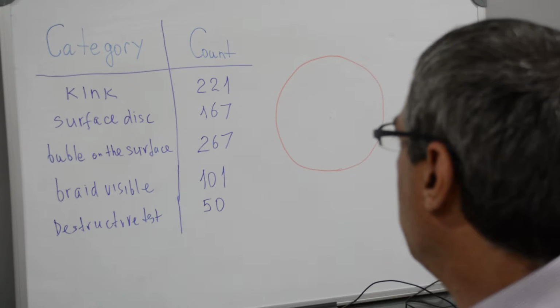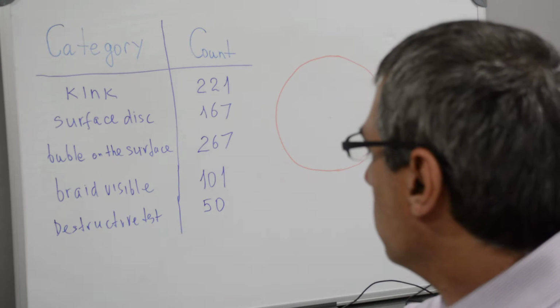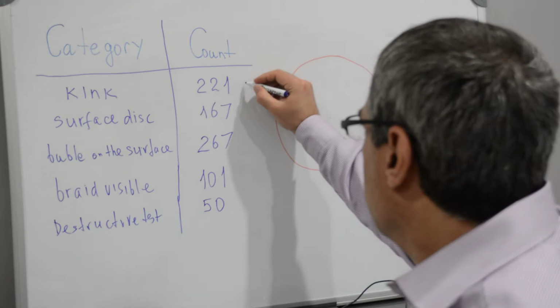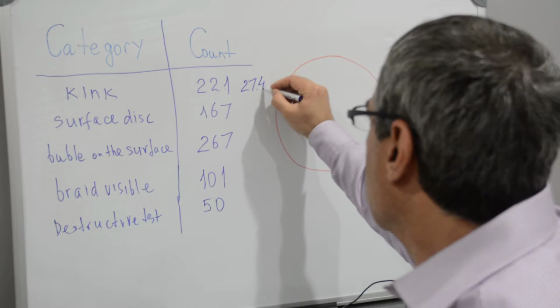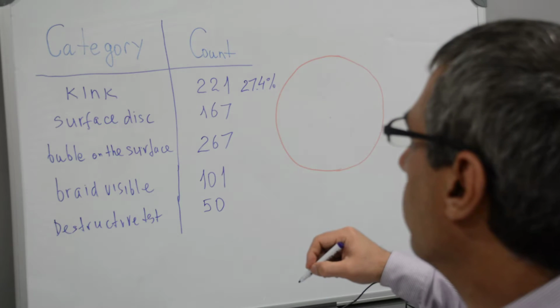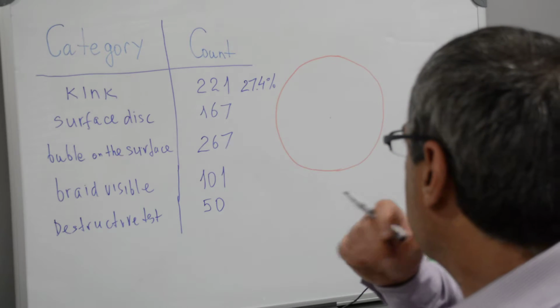In this case, 221, I just did some math before, is 27.4% of the entire data set of the rejected catheters.